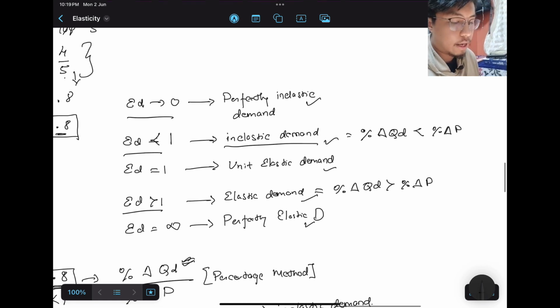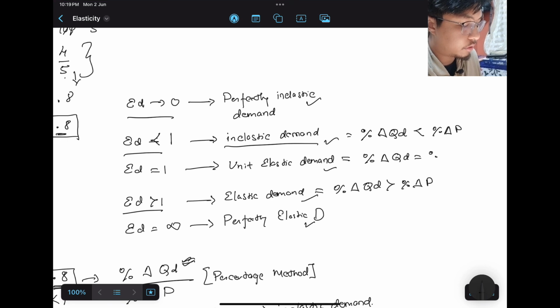Okay, now unit elastic demand is simple. Unit elastic demand means your percentage change in quantity demanded is equal to your percentage change in prices.